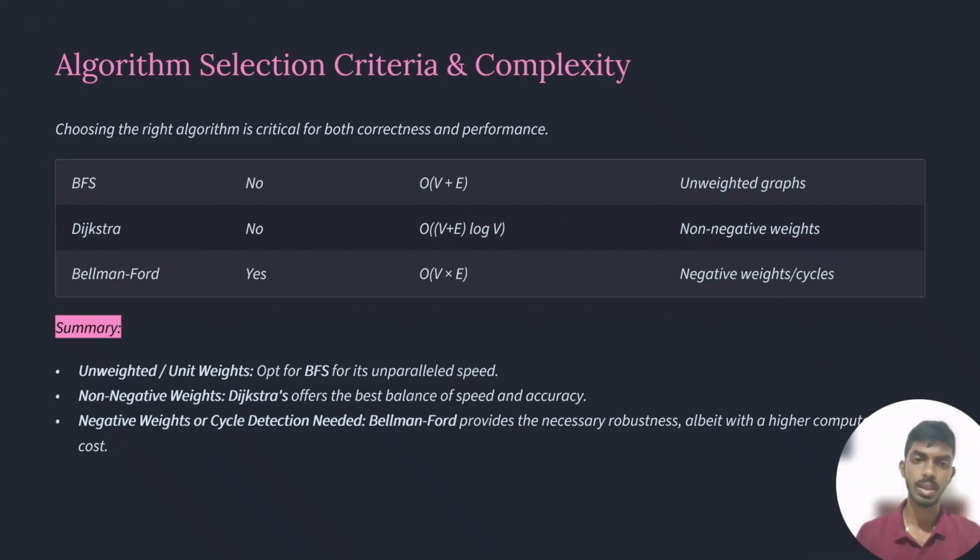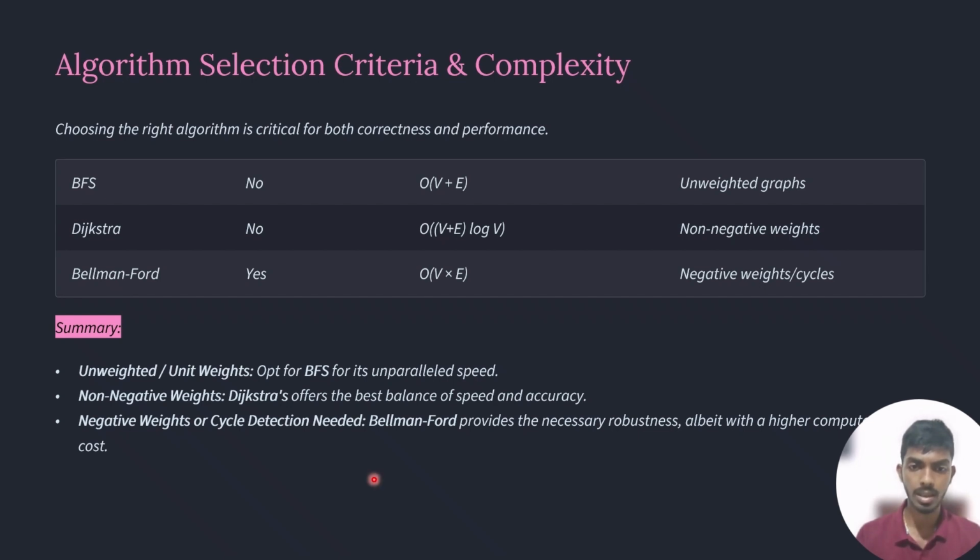This is a quick decision guide. Unweighted or same cost equals BFS, breadth-first search. That is the fastest method here. For non-negative weights, Dijkstra is the best balance of speed and accuracy. Negative weights or cycle detection calls for Bellman-Ford.